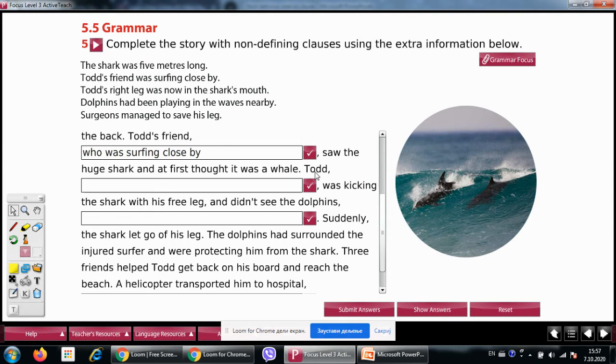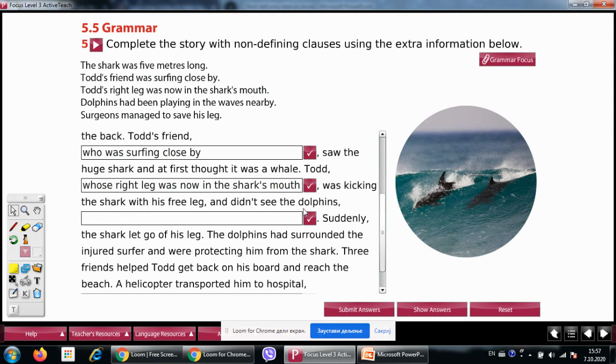Then we have Todd, and Todd's right leg was now in the shark's mouth. So what do you think? The answer is Todd, whose right leg was now in the shark's mouth, was kicking the shark with his free leg and didn't see the dolphins.